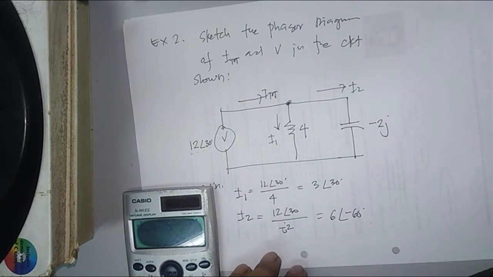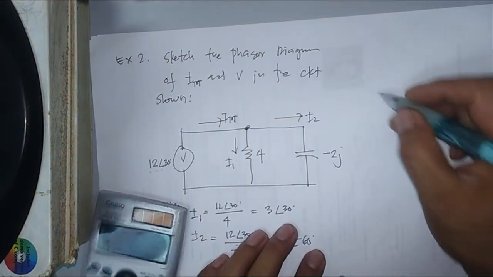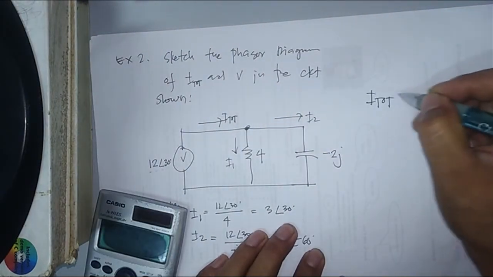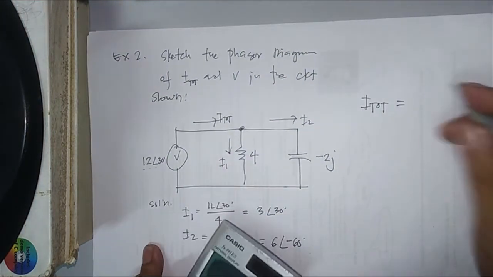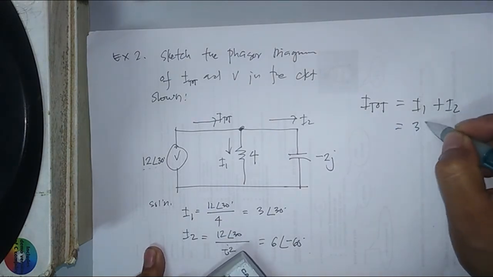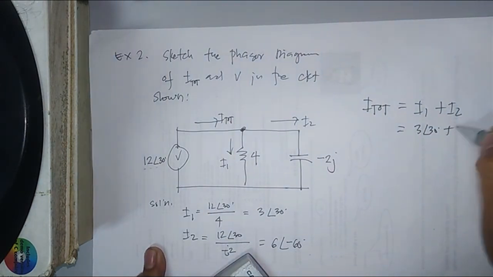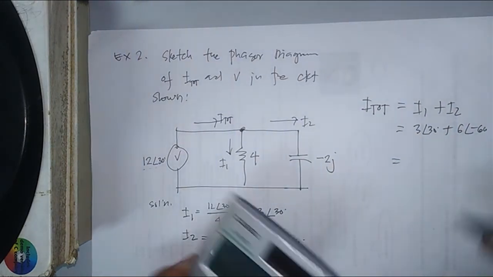Now, if we are going to solve for I total, this is I1 plus I2, that is 3 angle of 30 degrees plus 6 angle of negative 60 degrees. Now use your calculator.